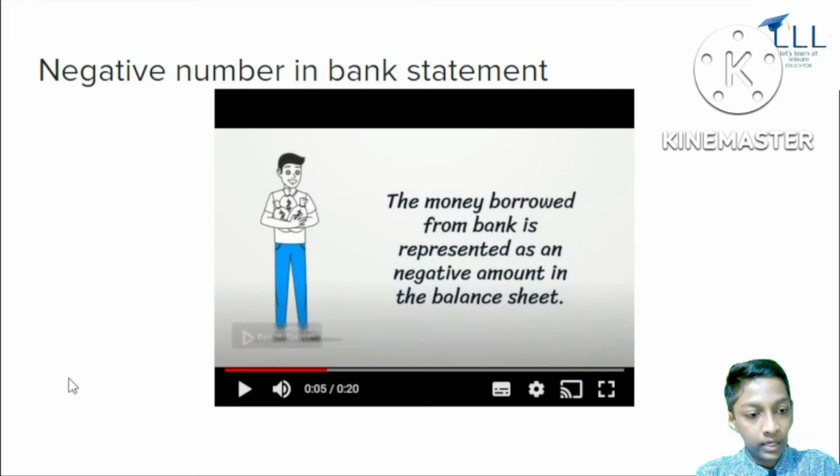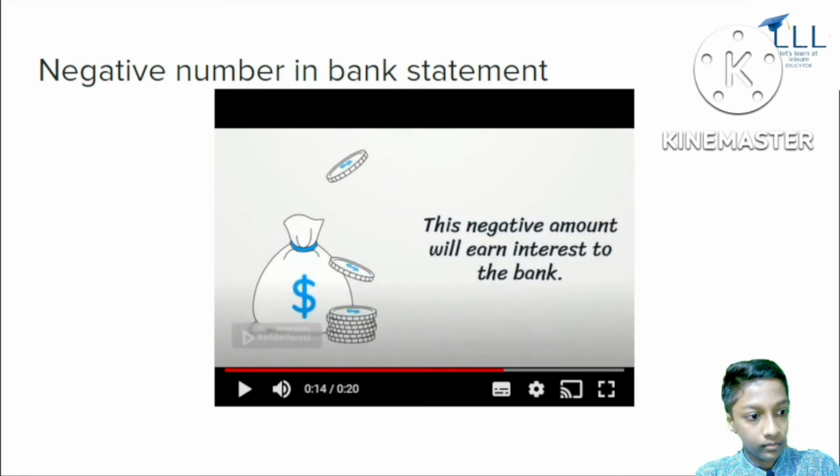The bank has a balance sheet which records the money borrowed from the bank. And this negative amount will earn interest for the bank in future.